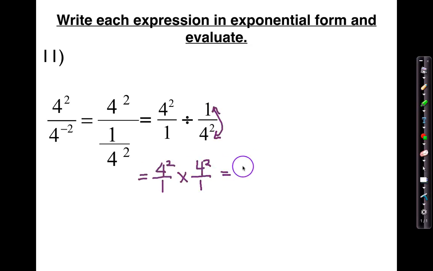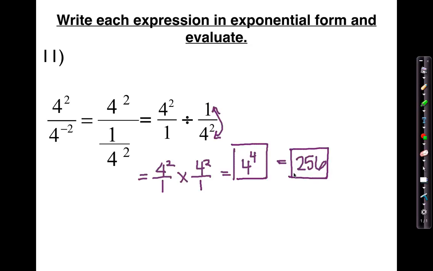So now I'm left with 4 squared times 4 squared. What's 4 squared times 4 squared? I have 4 altogether, so that's 4 to the 4th over 1. Now, do I really need to write over 1? No. So this is going to be my answer in exponential form, but of course, you're also going to have to evaluate it. 4 to the 4th power, I believe, is 256.